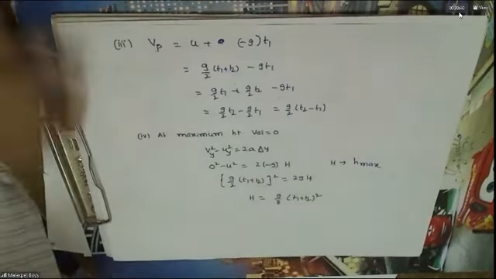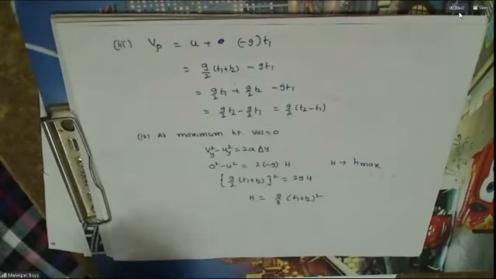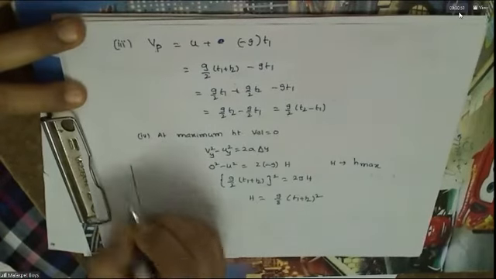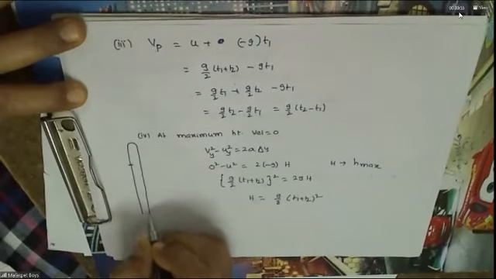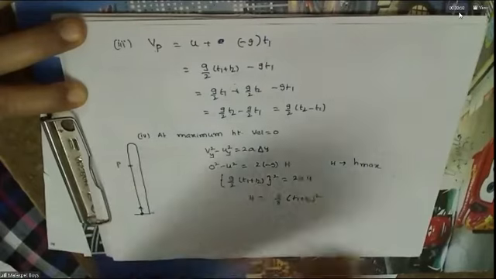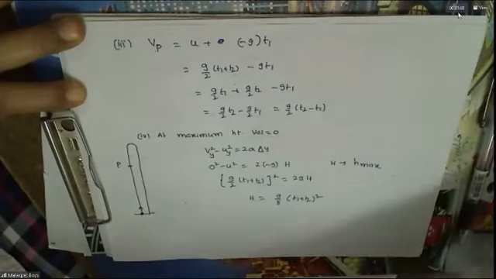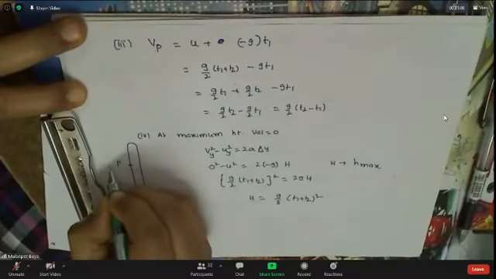Understood this? The body is projected like this, and this is the point P. The maximum height we got is this.